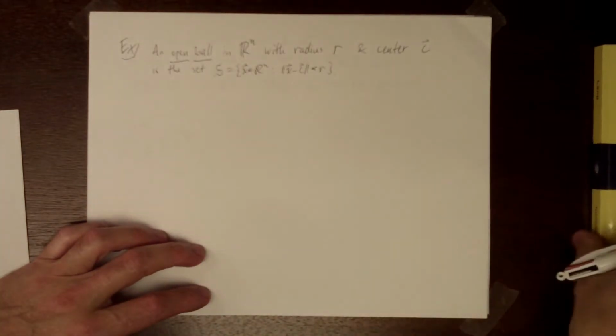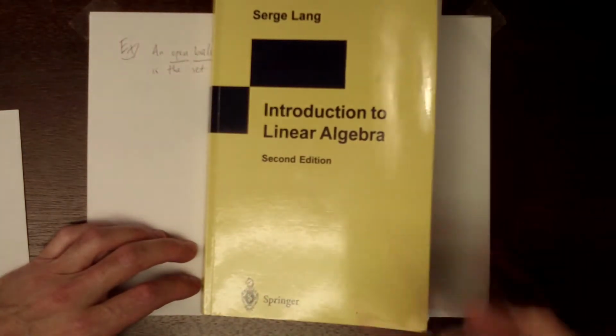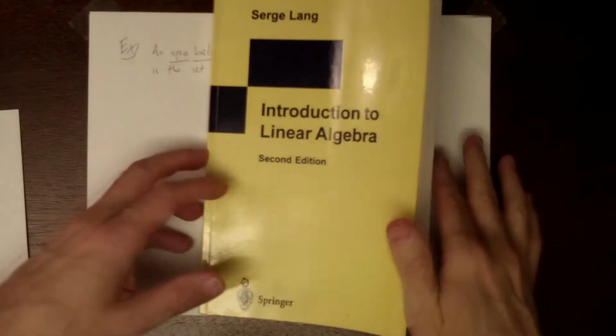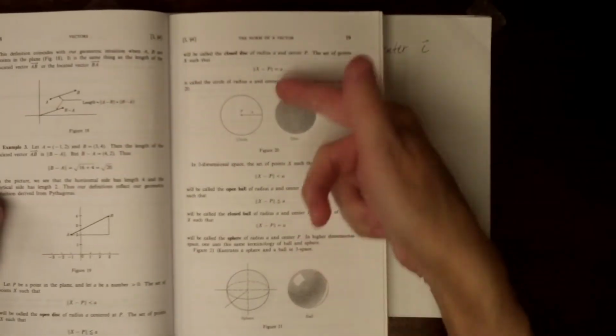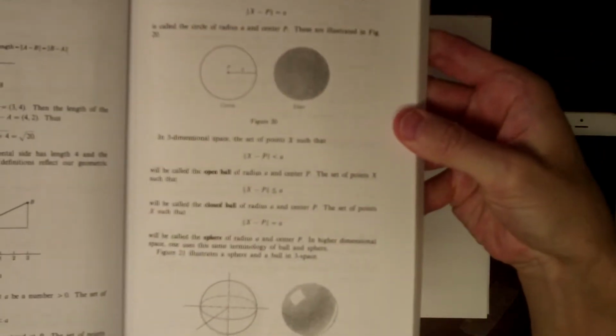This was discussed in your wonderful book in chapter 1. In fact, here it is, page 19 of the book. Circle, disc, sphere, ball, all these good things were discussed there.